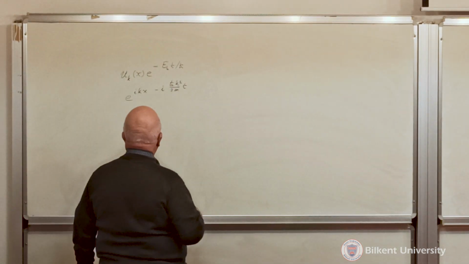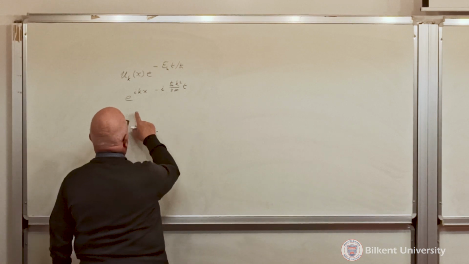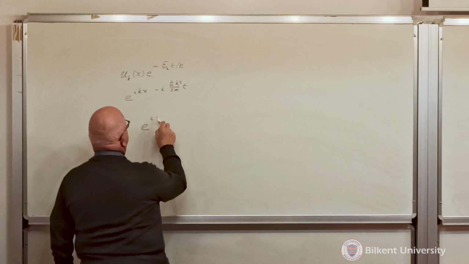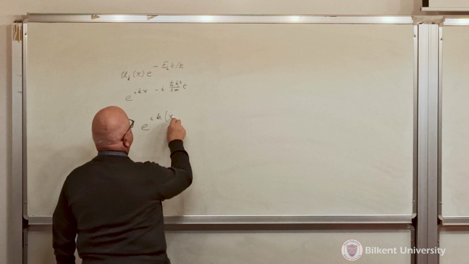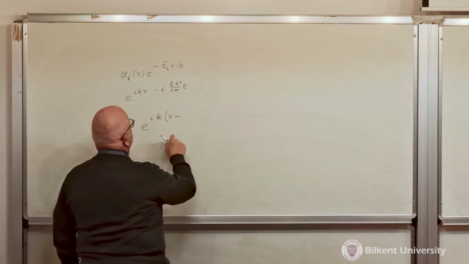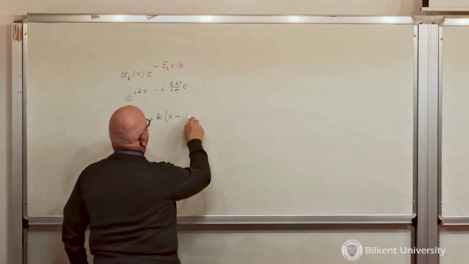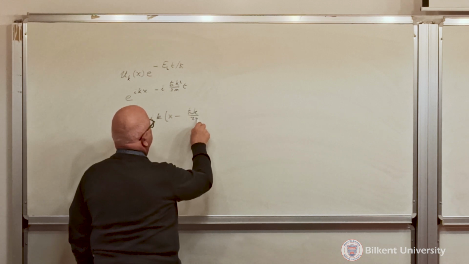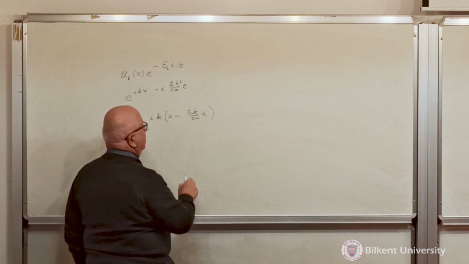If I look at the velocity of the wave, our standard way of doing this is looking at e^(ik(x - ...)). I factored out the k, so it's going to be ħk/2m times t.